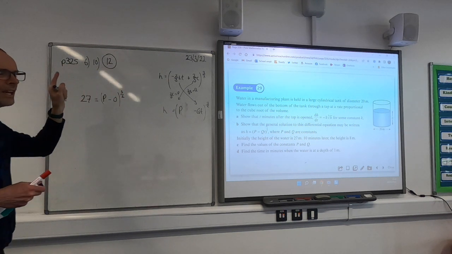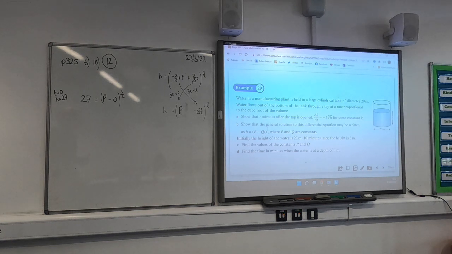Remember, this is the square root cubed, so to undo it, you cube root and square.